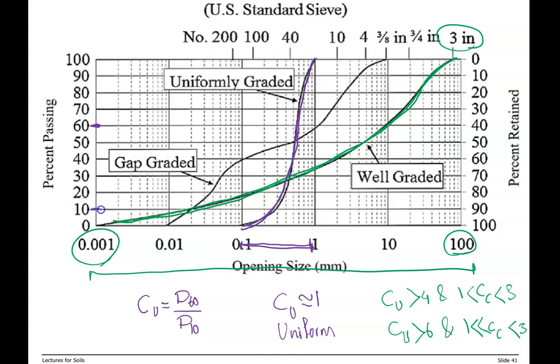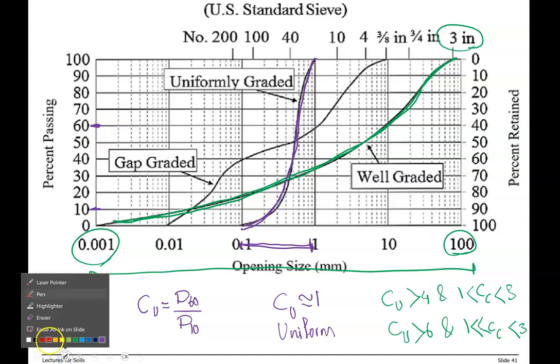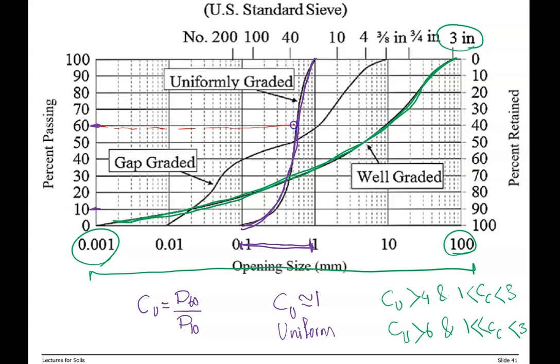D60 goes here, and then from here we come down. D10. 0.1, 0.2, 0.3, 0.4, 0.5, 0.6. So D60 is 0.6 and D10 is 0.3, which gives us 2.